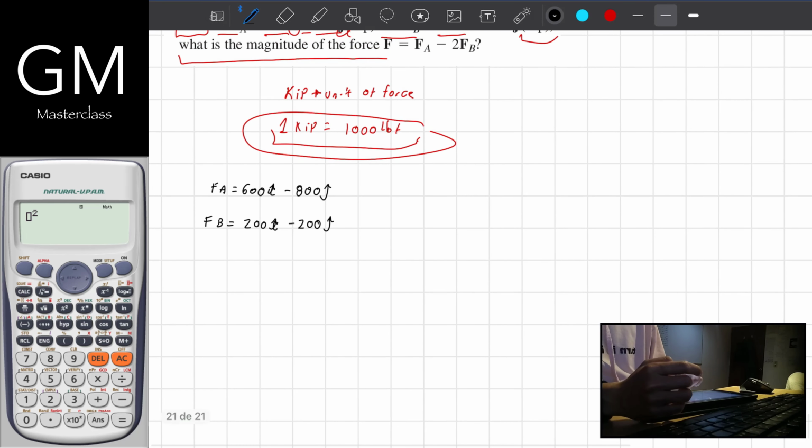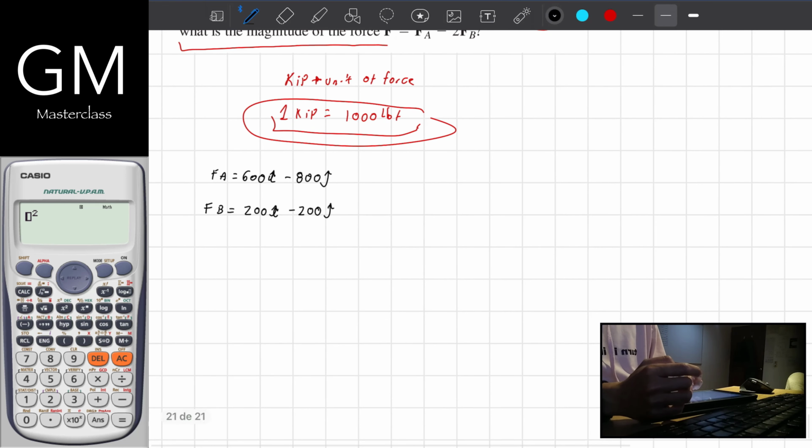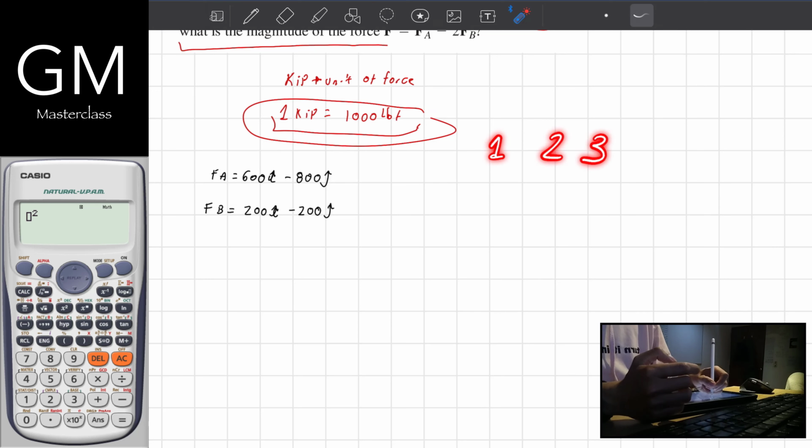First, what I'm going to do is this part of the exercise, 2 times FB. When we are multiplying a scalar by a vector, remember that a scalar is a single number, so 1, 2, 3, 4, 5, 6, etc.